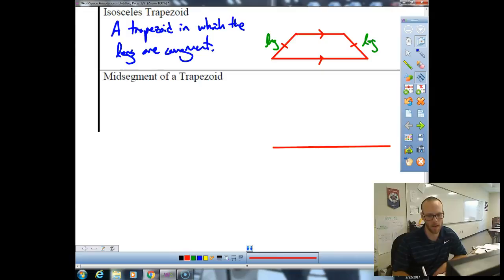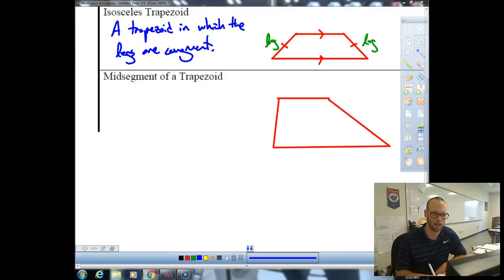It does not have to be an isosceles trapezoid. So let me just draw a normal trapezoid, not an isosceles trapezoid. A mid-segment. I think the word mid-segment does a good job describing it. It's a segment that connects the midpoint of one leg to the midpoint of the other. So this segment that I'm drawing in blue is the mid-segment.